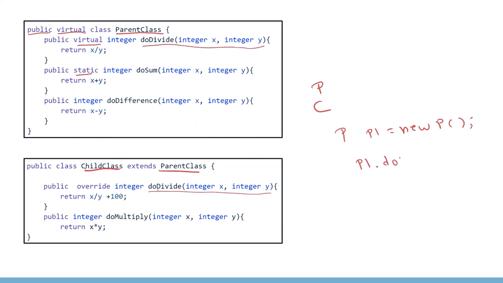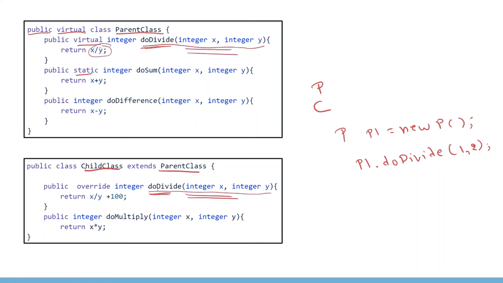For this example it's do divide, then you pass the values and you can get the result. So the main part is we have the same method name and the same parameters, just the calculation or the return value is different.